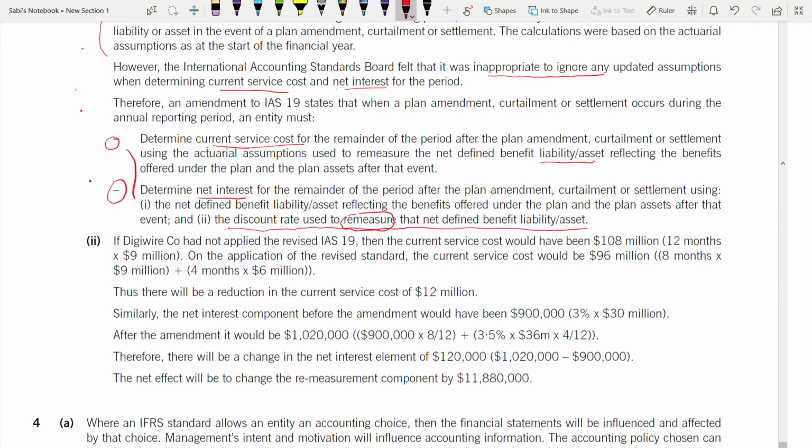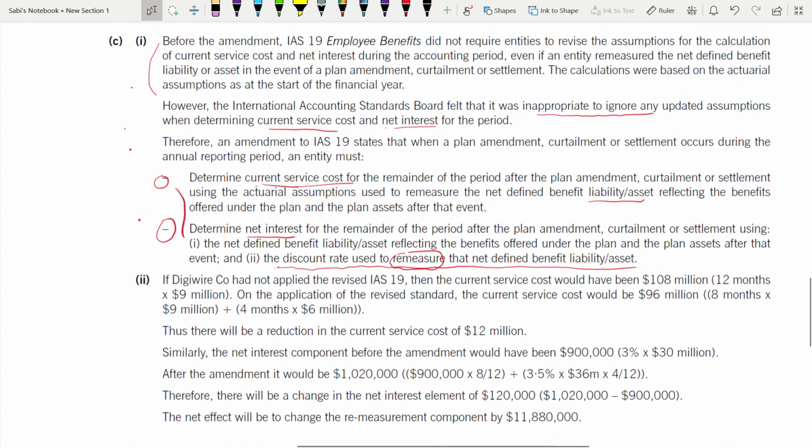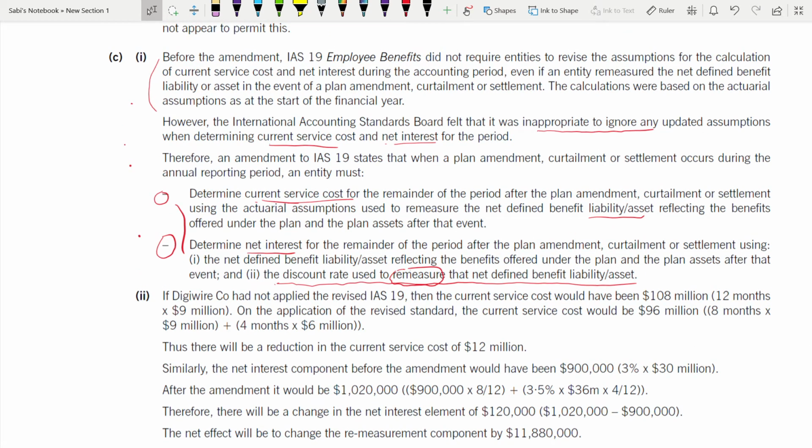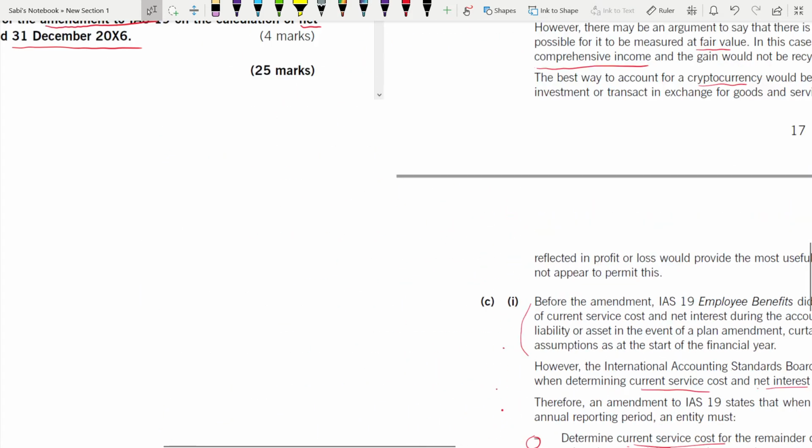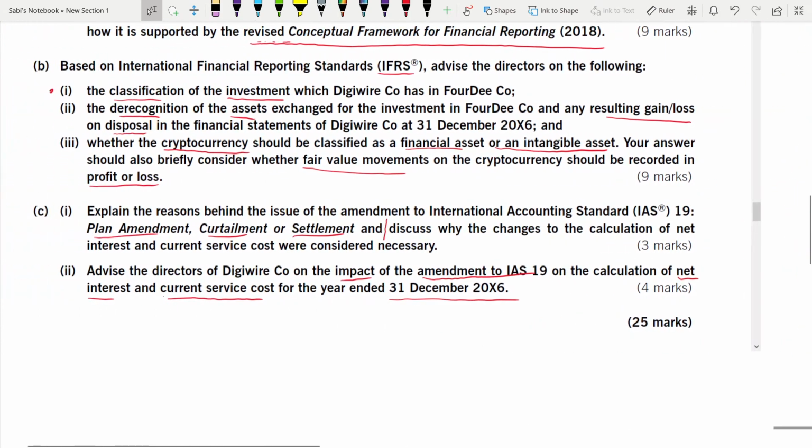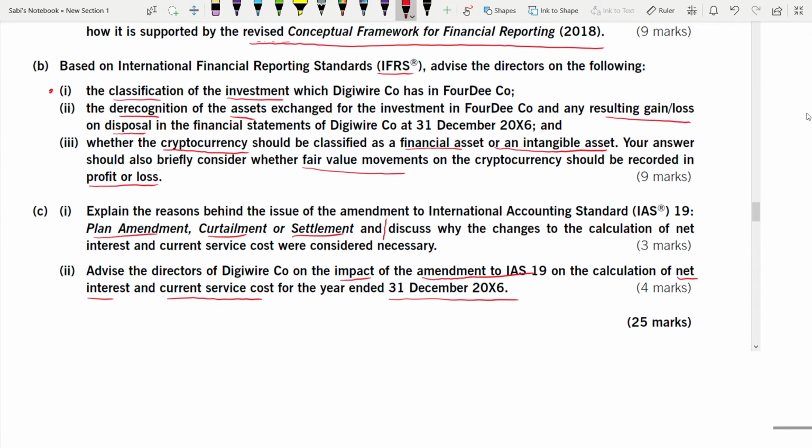Coming to the next, here you have to do calculation. Now you see in the first part of C, if you do calculations, you will be totally wrong because they didn't ask us anything about calculations. Second part is in fact the calculation. Even though this word, discuss why the changes to the calculation of the net interest and current service cost were considered necessary.